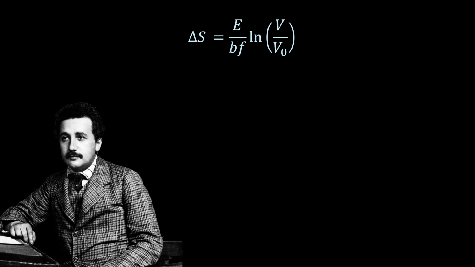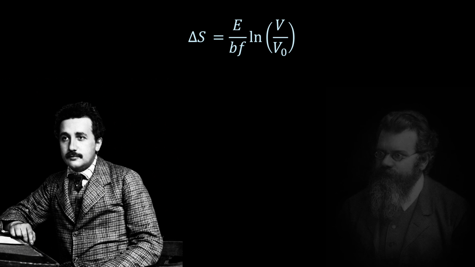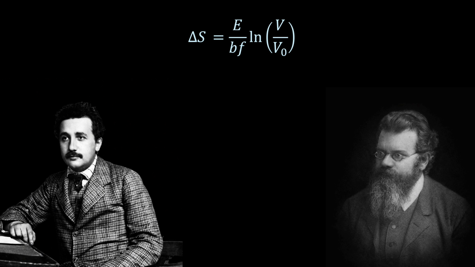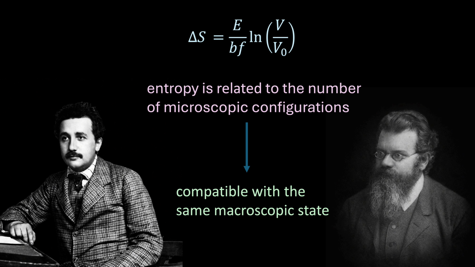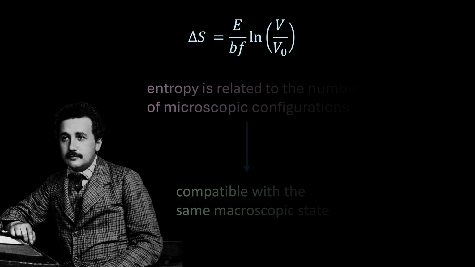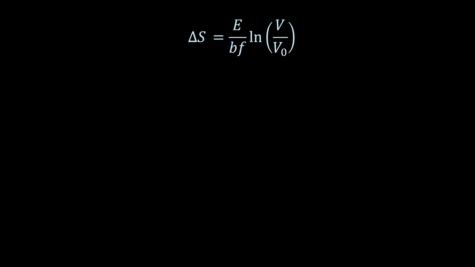Einstein now takes the next conceptual step. He draws on Ludwig Boltzmann's insight that entropy is related to the number of microscopic configurations compatible with the same macroscopic state. For example, in a gas, many different molecular arrangements can correspond to the same macroscopic properties, the same temperature, pressure, and volume. Boltzmann made this idea precise.